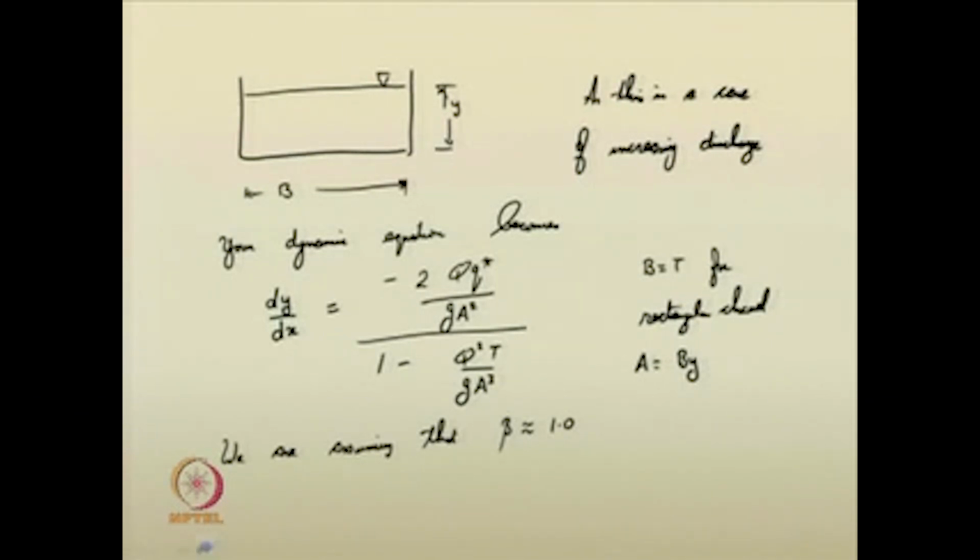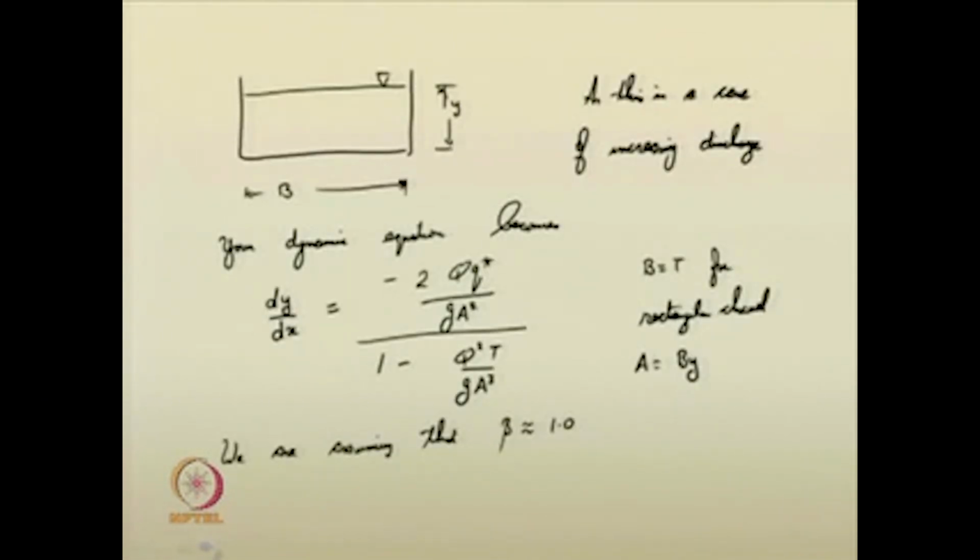Let me ask you a simple question now. Okay, I will just redraw the thing here. So, this is the horizontal channel, we are looking at the longitudinal profile. The flow in the channel has a free outfall.